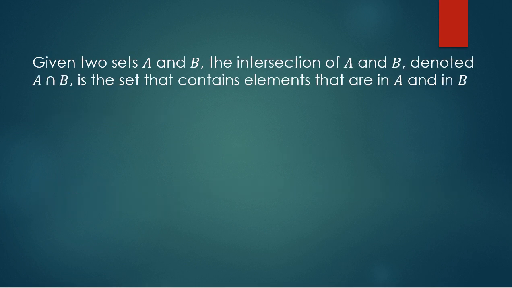Different from the union is the intersection. Given two sets A and B, the intersection of A and B, denoted A, and then an upside down capital U, that's referred to as a cap.